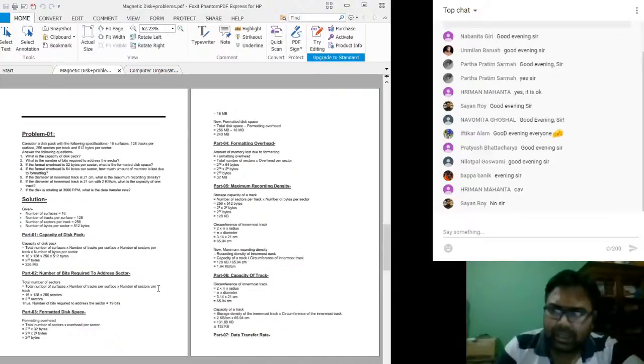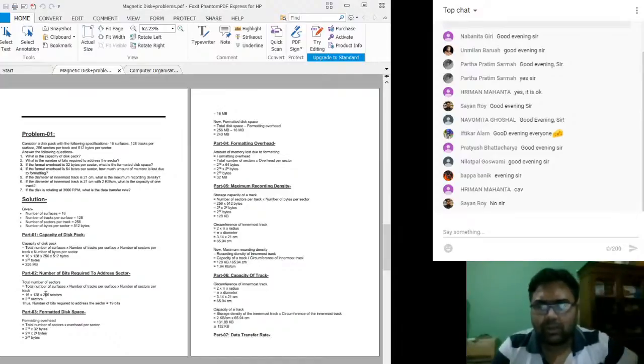So you are only finding out the total number of sectors. You are getting this roughly around 2 to the power 19, so you can address a sector with 19 bits. I don't think this calculation is very difficult, and it is also not very difficult to understand.